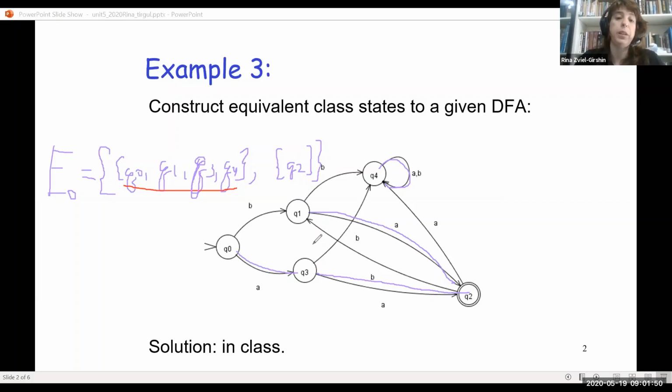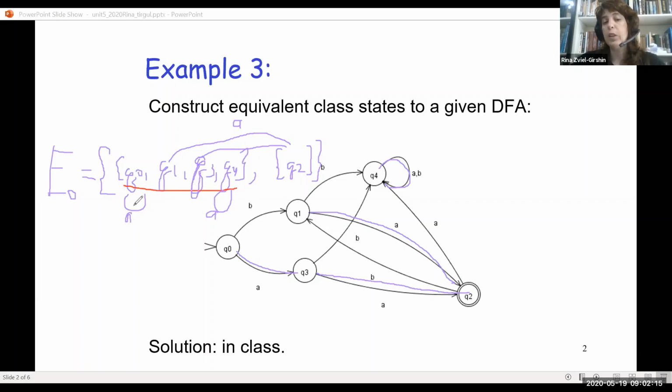Maybe I can separate between Q0 and Q4, or maybe I can separate between Q1 and Q3, because I already found that for the letter A, Q1 and Q3 will go to Q2, while Q4 and Q0 for the letter A will stay in the same group.